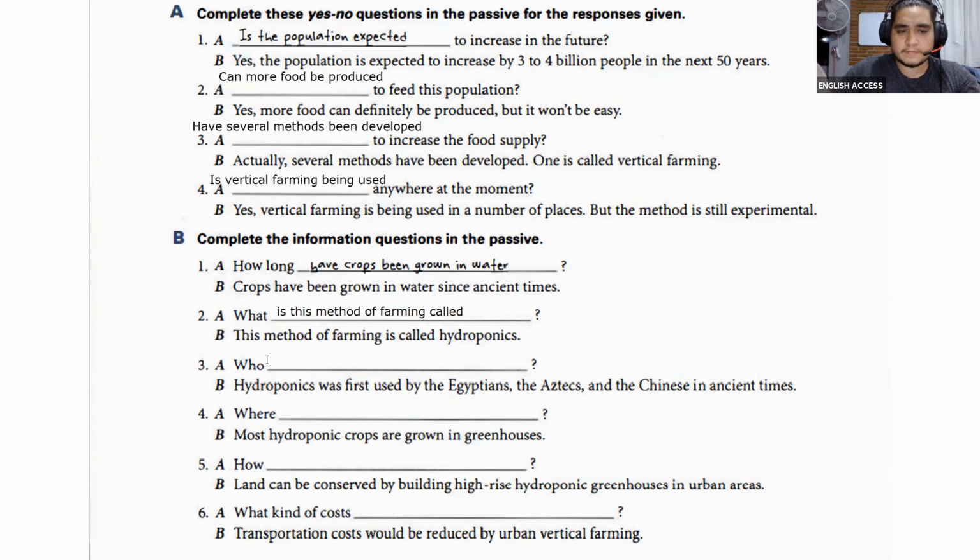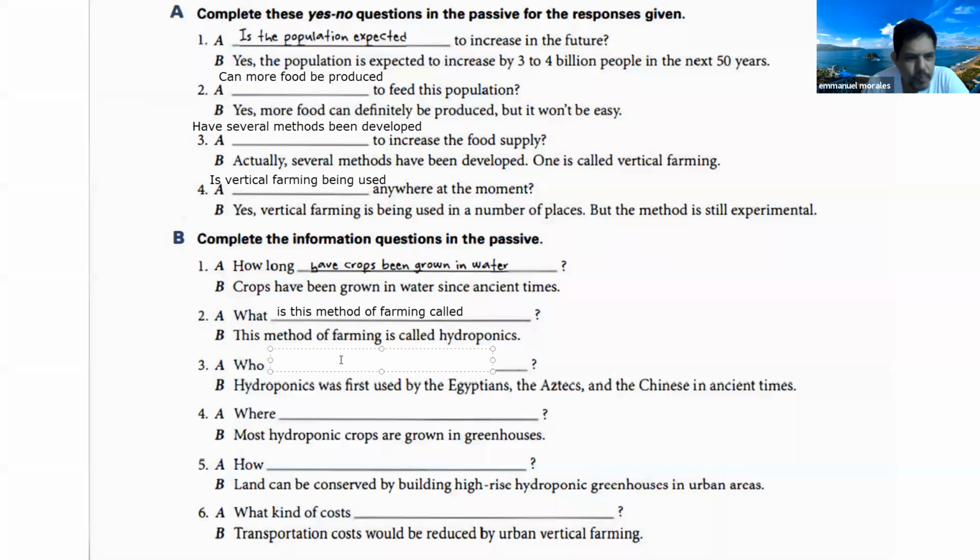Number 3, Emmanuel. Who was hydroponics first used by? In ancient times.